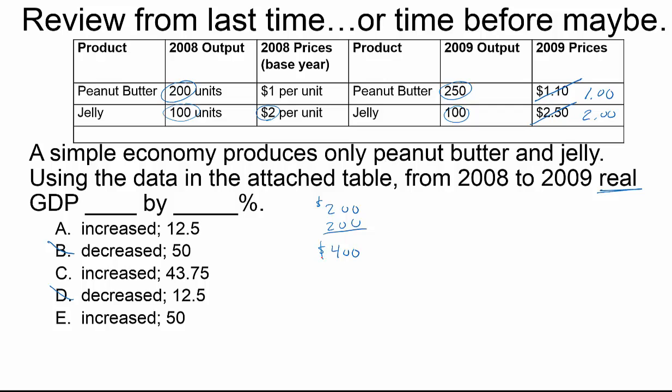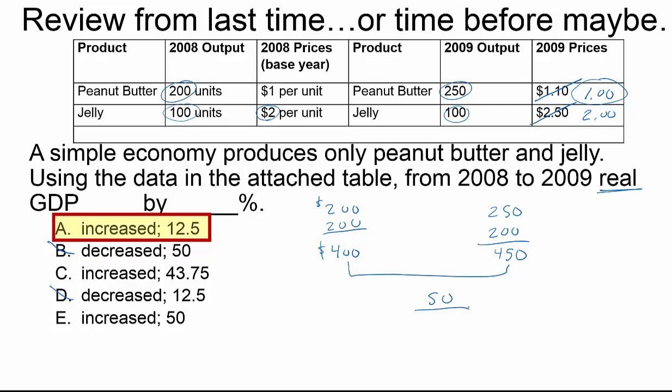In 2009, it was 250 times $1, so 250 for the peanut butter, and then stayed at 200 for jelly, so it went up to 450. So our answer choice is it increased by 12.5%. How do we know? Just take those two numbers. The difference is 50, divide by the original, times 100, gives us 12.5%.